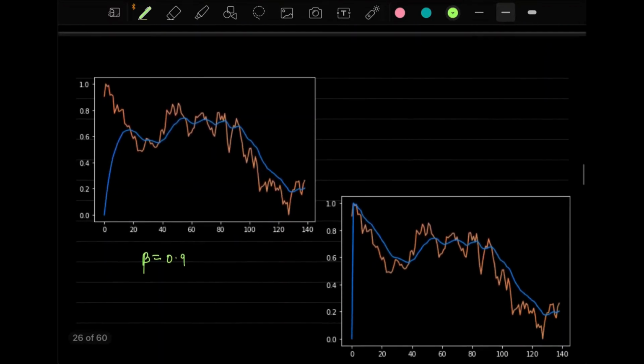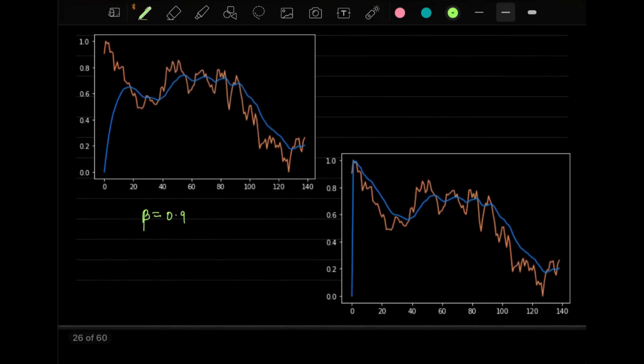So similarly for beta equal to 0.9 also, now you can see here you have a large amount of error, but at this point you can see it is actually not there. It is actually completely covering, or you can say it is taking into consideration, the profile of the input once you do the bias correction.